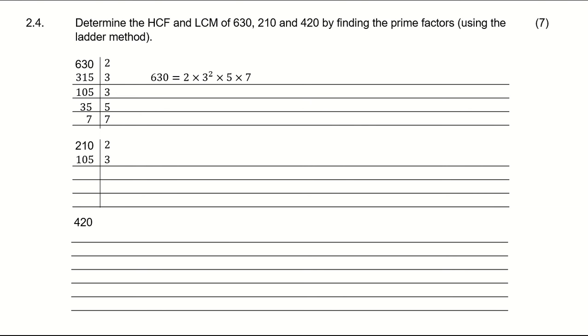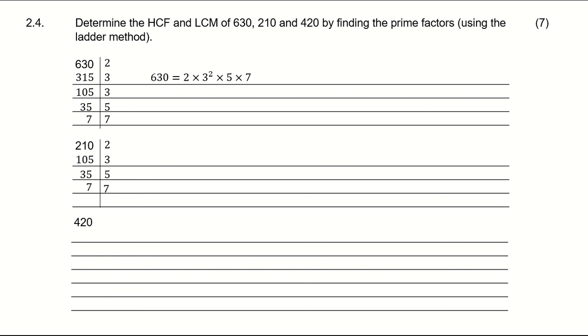And once we get to 105, we cannot divide 105 by 2. Instead, we are going to use the next prime number after 2, which will be 3. 105 divided by 3 will give us 35, and 35 divided by 5 will give us 7, and then 7 divided by 7 will give us 1.